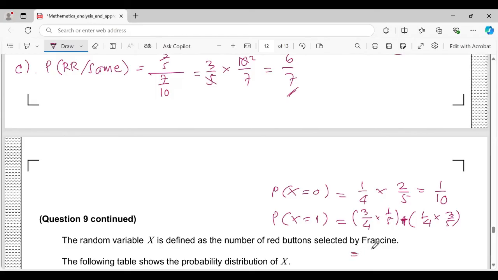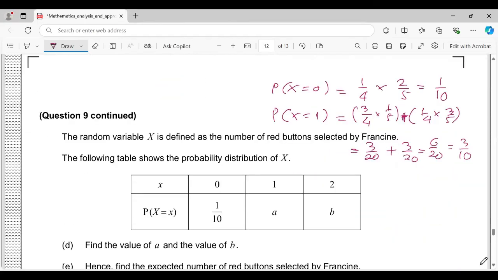So this probability x equals 1 is 3 over 20 plus 3 over 20. It becomes 6 over 20 or 3 over 10. So this is A equals 3 over 10.